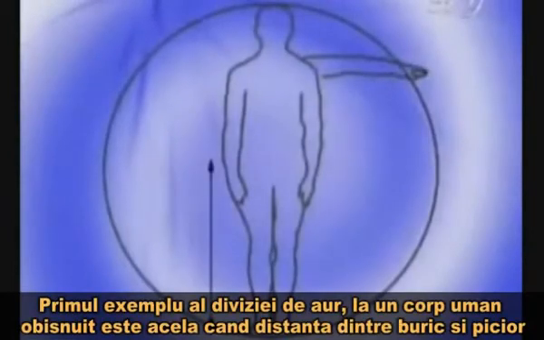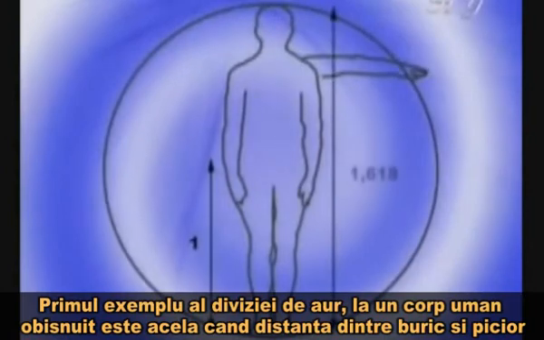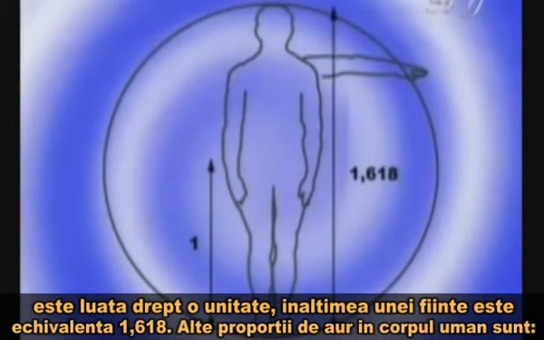The first example of the golden ratio in the average human body is that when the distance between the navel and the foot is taken as 1 unit, the height of a human being is equivalent to 1.618.